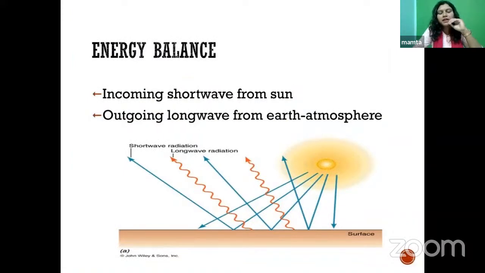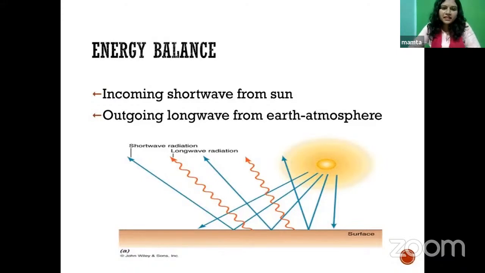If you see the energy balance, the net will always be zero. Whatever is coming, somehow it is getting used. So incoming radiations are always short wave, and outgoing radiations from the earth are always long wave.